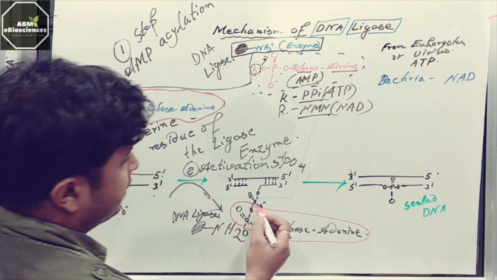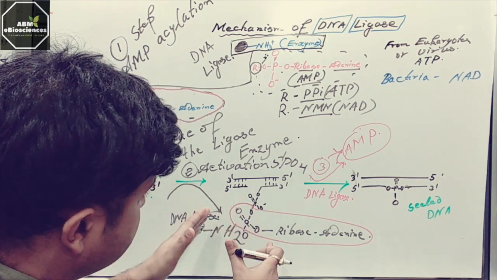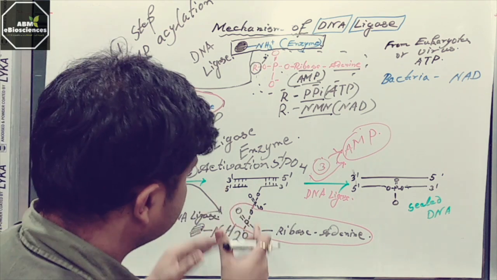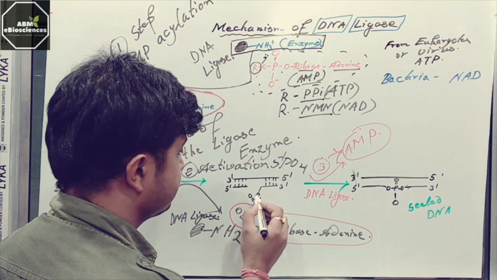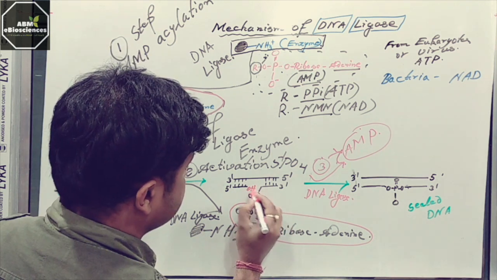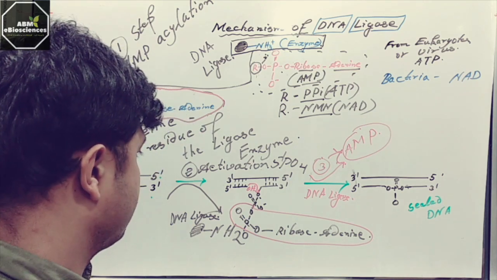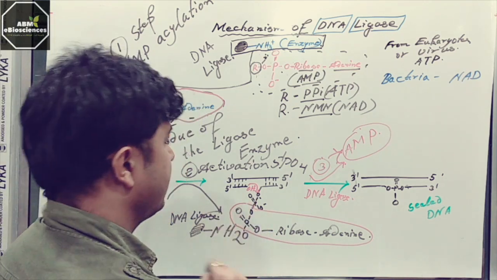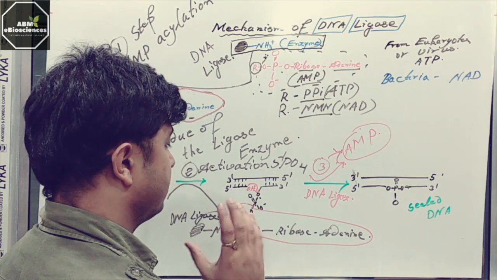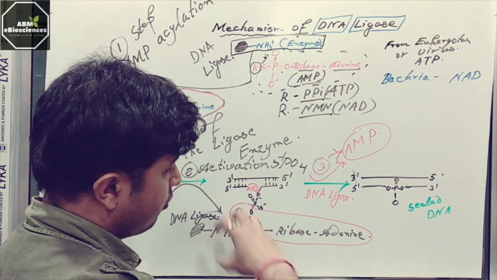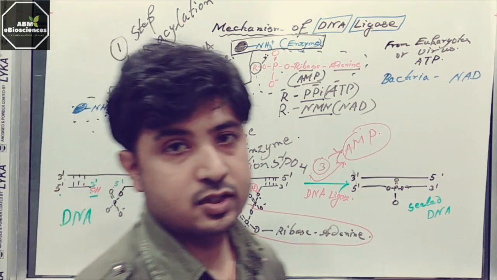After the activation of this phosphate group, this hydroxyl group will attack the phosphate group, or this bond, causing the displacement of the AMP group from the nick site, and the nick is sealed with a phosphodiester bond.